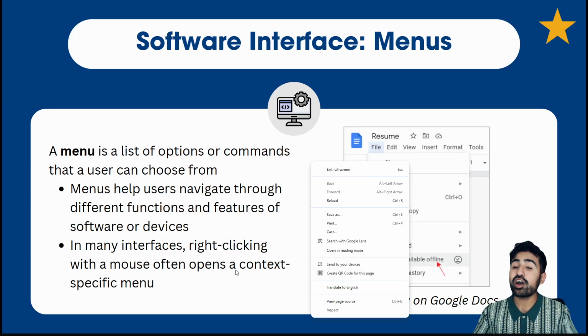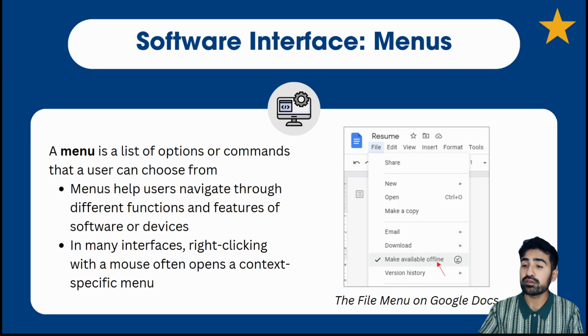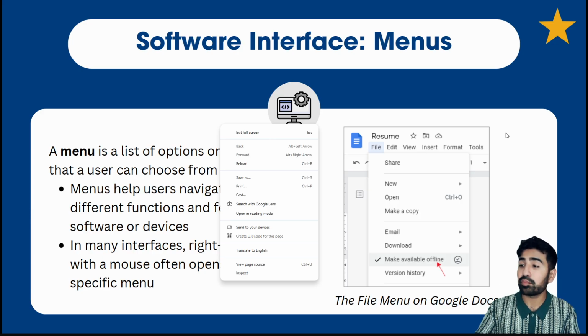And it's going to open a context specific menu. What that means is depending on where you're at, where you clicked, which software you're running, you're going to get a different menu. Right now, I am on Google Chrome to actually see the slides. So I do get this Google Chrome menu here where I can do different things. So yeah, when in doubt, do a right click and you'll see some kind of menu at pretty much most of the software that we'll learn in the class.